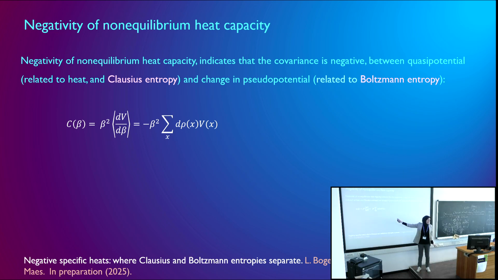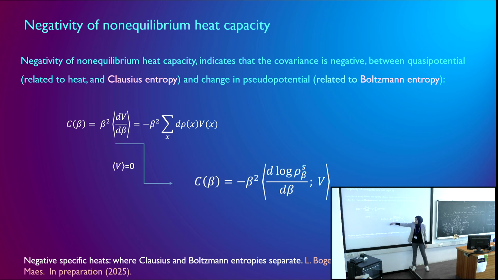If I just open that, because the average of quasi-potential is 0, I can write it as follows. And then I can write the heat capacity, very simple, there is no proof in between, okay? As a covariance between V and log rho.